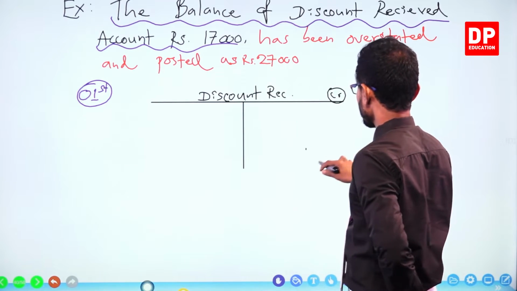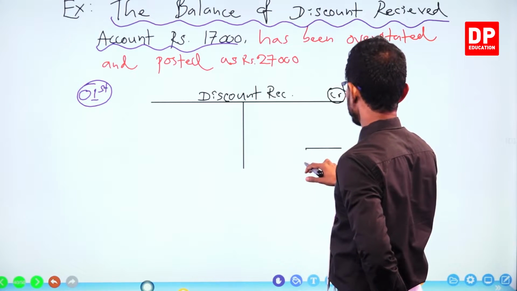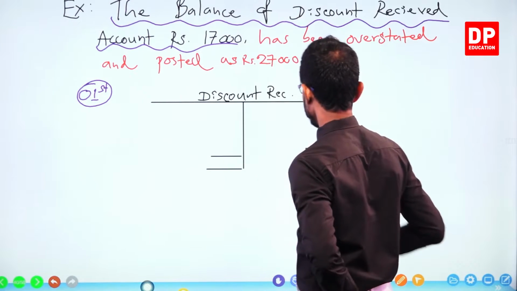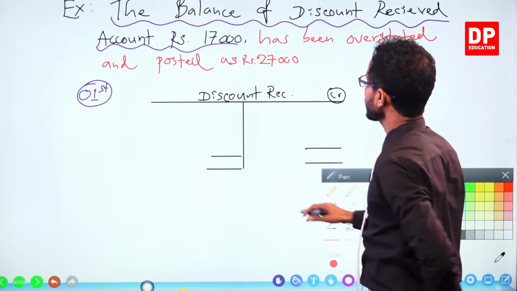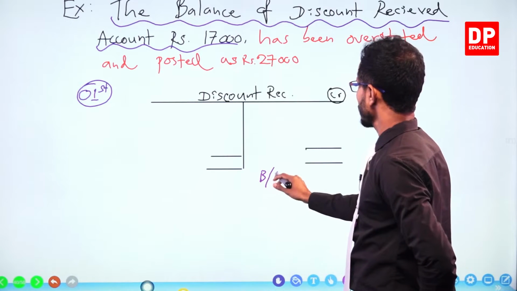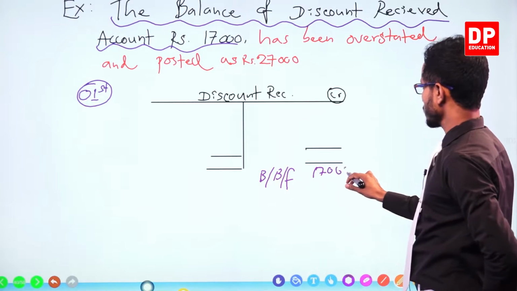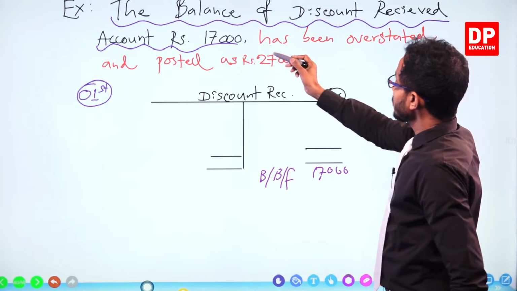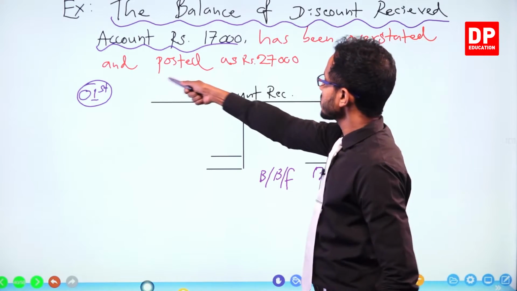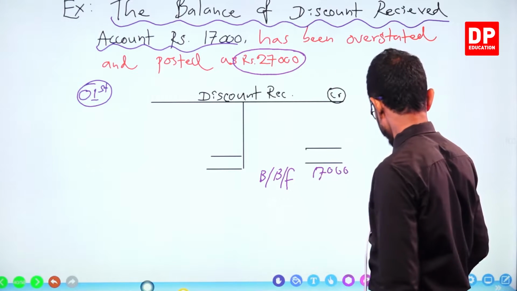Now, this balance is 17,000. All right, the balance brought forward should be 17,000. But it has been overstated and posted as 27,000. This has gone as 27,000.